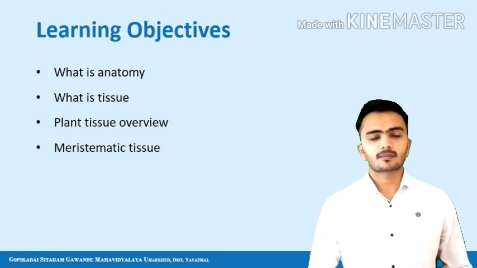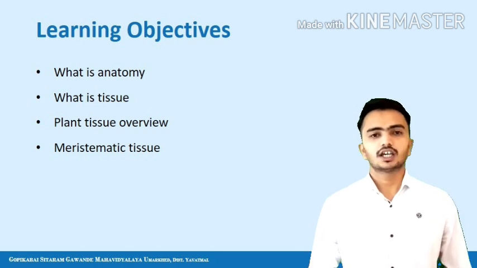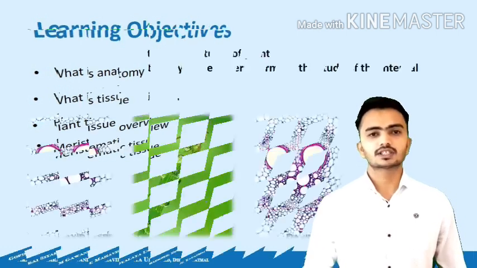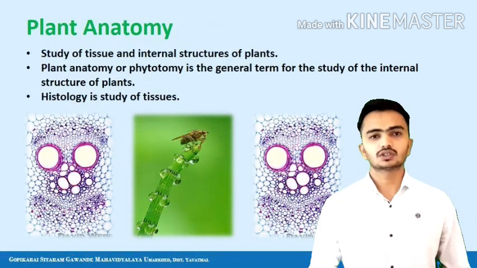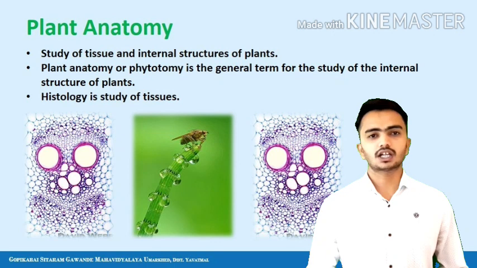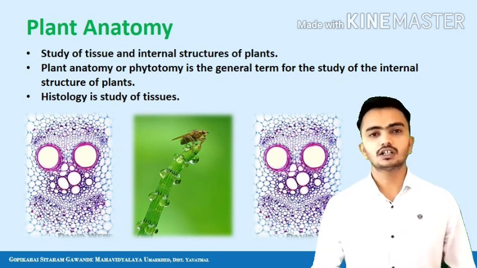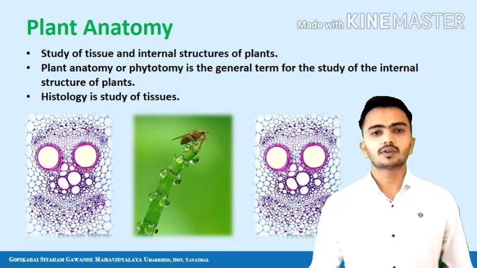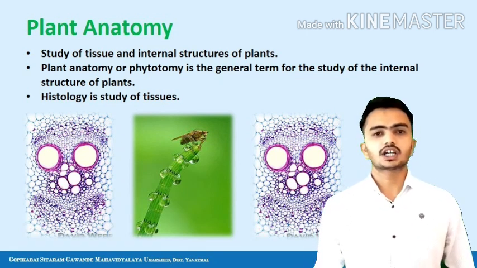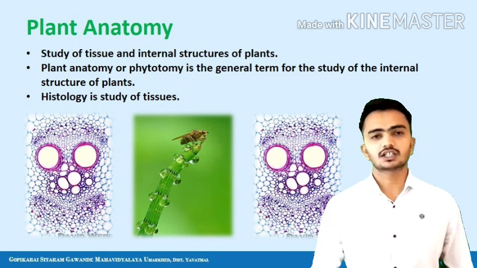So firstly, you know that every living organism is made up of cells and tissues. So cell is the basic structural and fundamental unit of life. Now if we have to study the plant, we have to take a section of a plant and then observe it under the microscope, and then we will see which kind of tissue, which kind of cells are there in a plant.